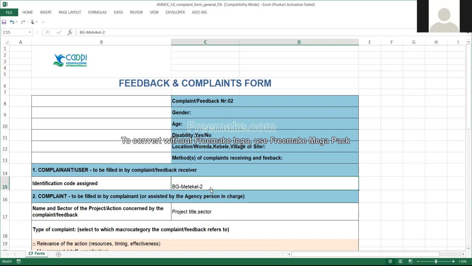You can use randomly your mobile password as the code, so that you don't forget that person. You can also put the first letter of the Wareda name, then the Kebele second. It's up to you to give the code. Only you know it. So you put the identification code assigned to this complaint.